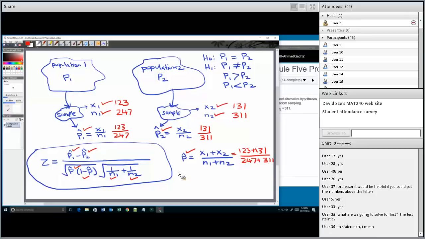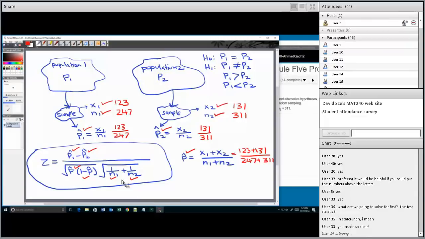Okay, so all I want to make sure here is that you appreciate that we have everything here. Everything has been given. We can calculate this manually. Okay, we don't have to do it manually, but we can calculate it. And this is what StatCrunch is going to do in the background.